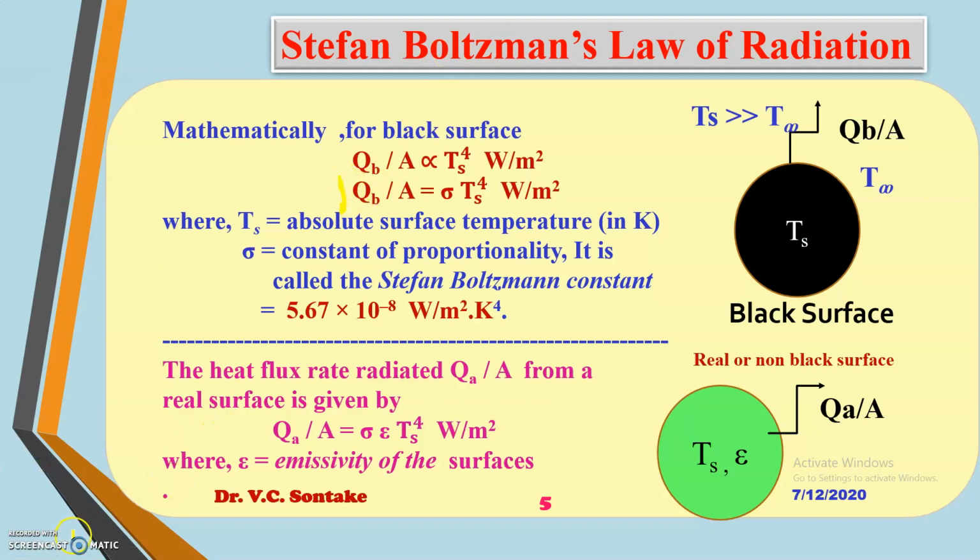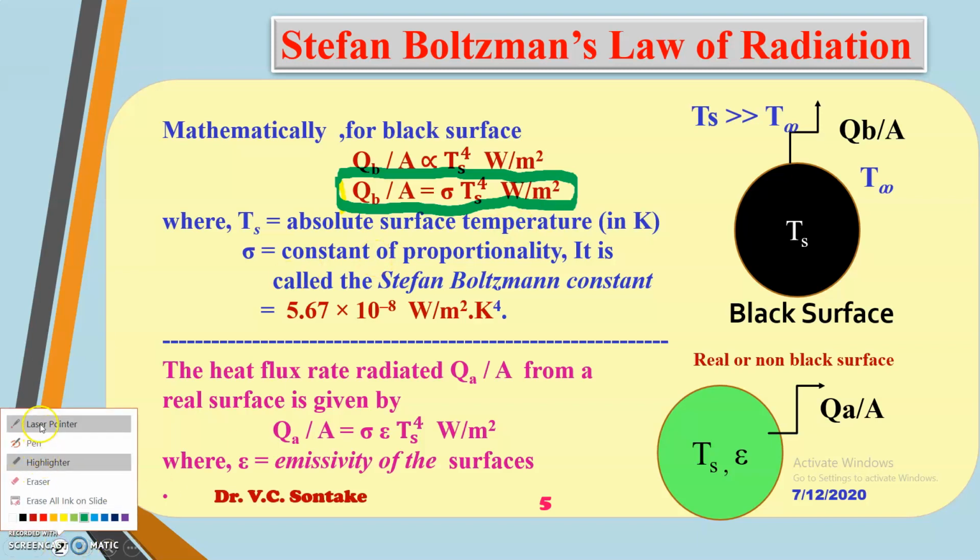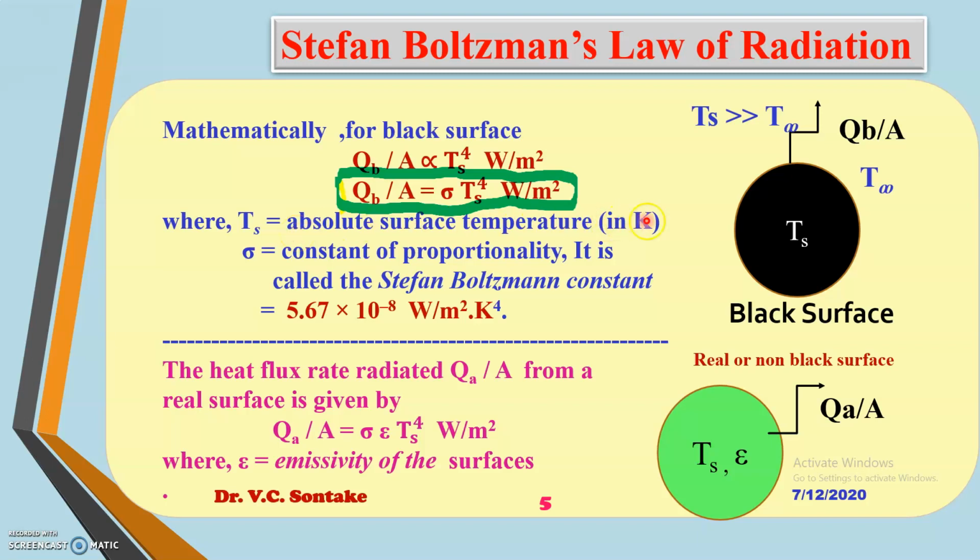Now this equation is the rate of heat transfer per unit area from the body by radiation mechanism. In this equation, Ts is the absolute surface temperature of the body in Kelvin and sigma is the constant of proportionality.